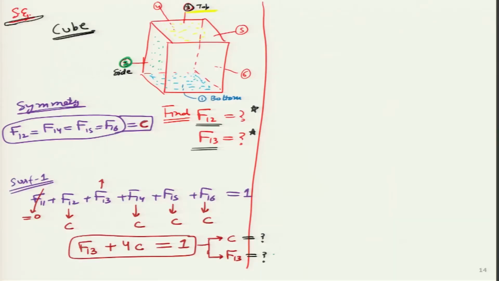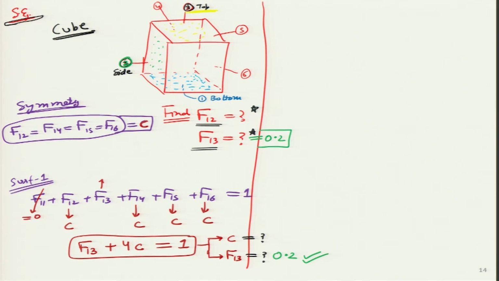So, let us go back to our problem. Now out of the two unknowns, one value I can clearly write: F13 is 0.2. I can write it over here also, this value is simply 0.2.